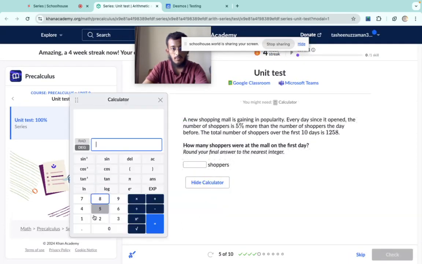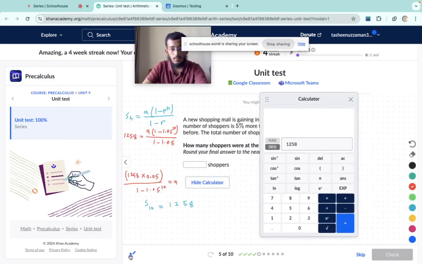1258. So I put a bracket here. So bracket, first of all, bracket 1258 multiplied by 0.05, bracket close.